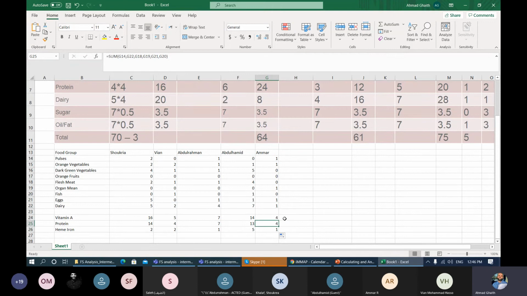And then on the flip side, we can also look at scores that are equivalent. So Vian and Amar are both consuming 4 days of protein-rich food.